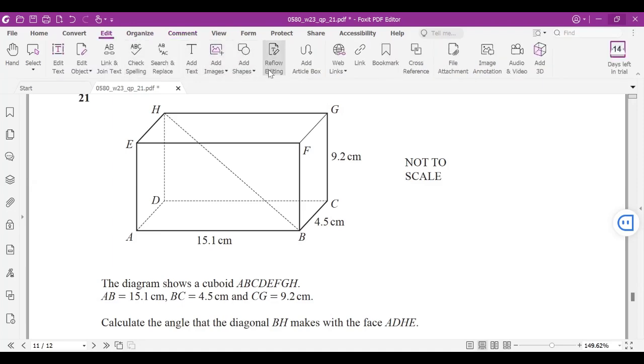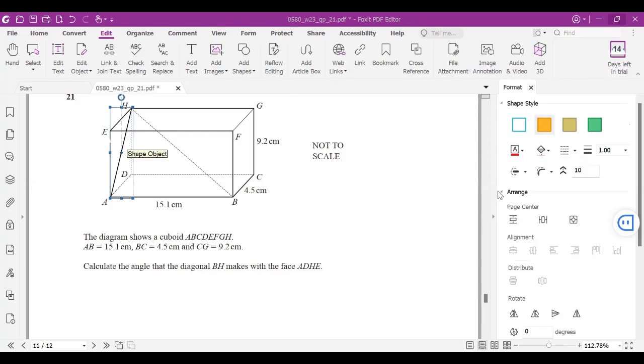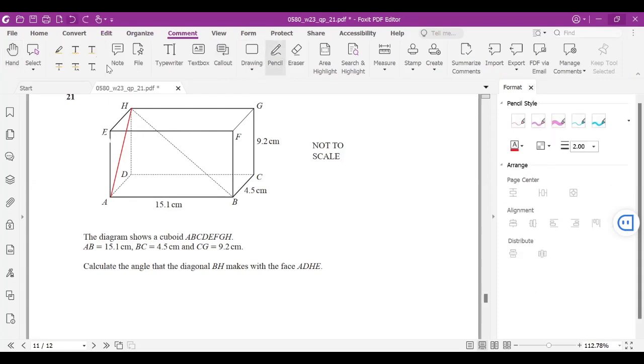So this diagonal makes this angle. Let's put a line here. Okay, let's give it a color. Okay, beautiful. So now what we are looking for is this angle here.